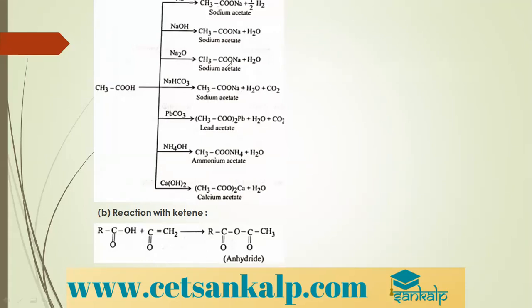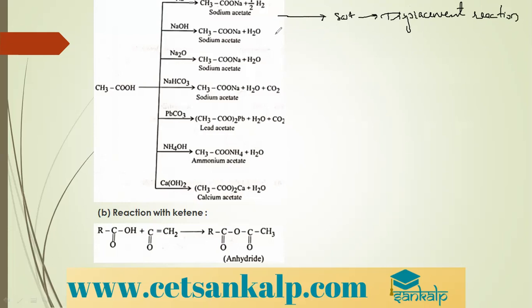When acids are treated with the metals, we know the typical reactions, they displace hydrogen gas, right? So you can see there is displacement of hydrogen gas and a salt is formed. So this reaction is called displacement reaction.